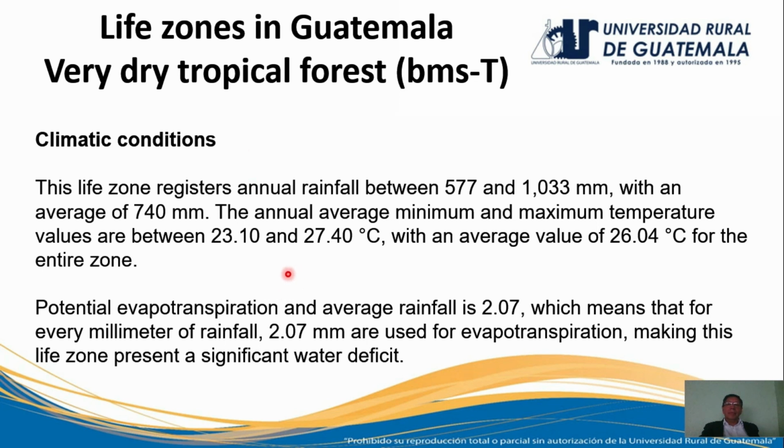The minimum and maximum temperature values are between 23.10 and 27.40 Celsius degrees, with an average value of 26.04 Celsius degrees. It means that we have this small region like a desert, and we are going to see this on the next map.